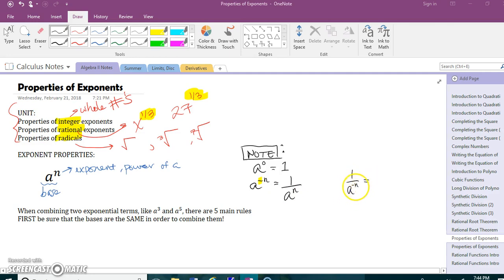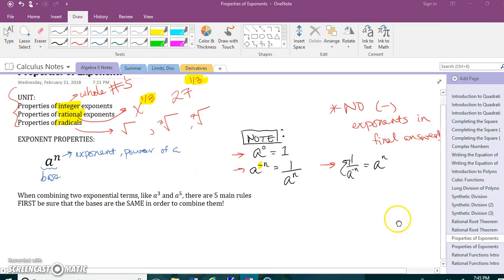If it's already in the bottom and you don't want any negatives, then you just move it to the other spot of the fraction. So these are 3 things to keep in mind. And remember, no negative exponents in the final answer. That will apply to all the problems that we're doing.